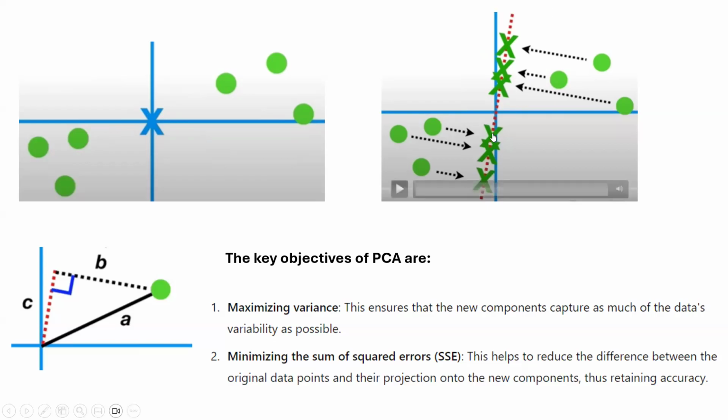Now, what are the parameters that I have to consider here? Just carefully observe this. I'm projecting these points onto this new line. Okay, so this is the initial line I started with. I projected every point. Projection means just dropping that point onto that line. So I'm dropping this point onto this line. I'm projecting all the points onto this line.